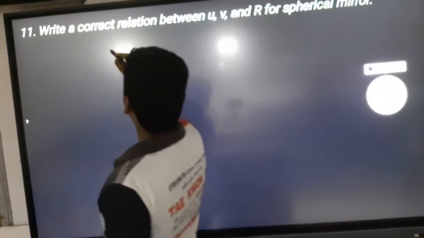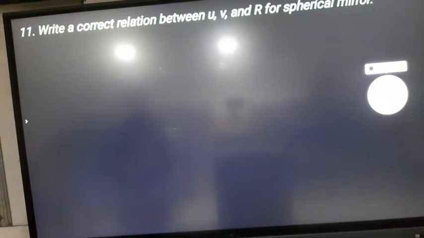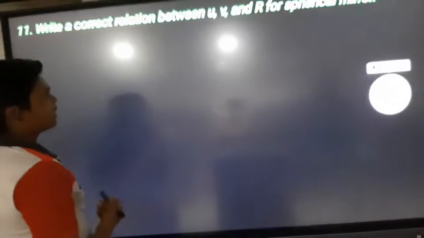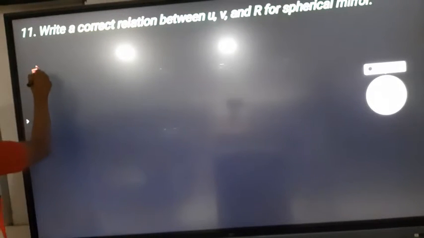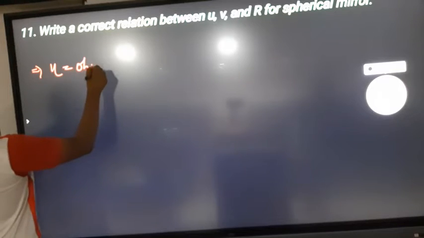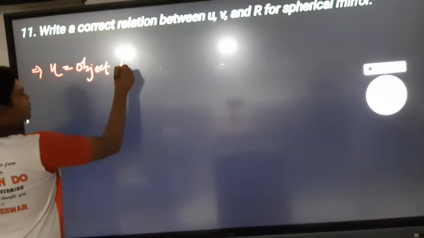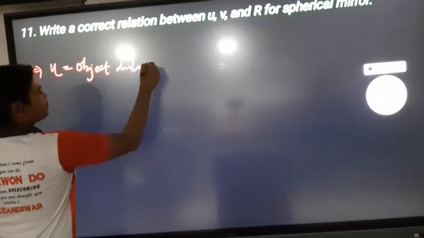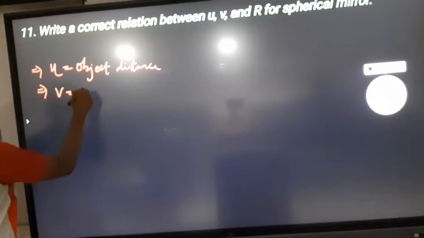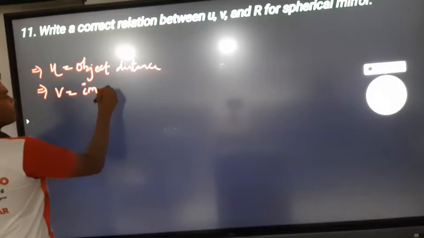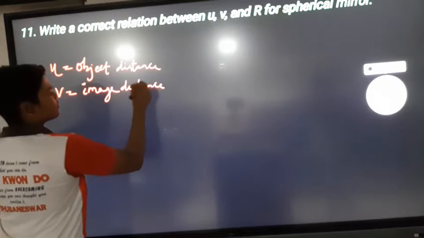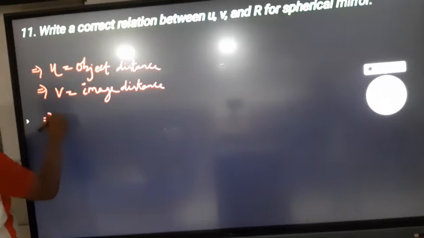We have to write a correct relation between U, V and R for spherical mirrors. U is the object distance, V is the image distance and R is the radius of curvature.